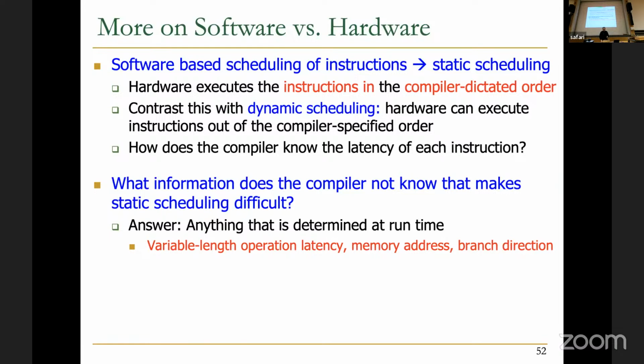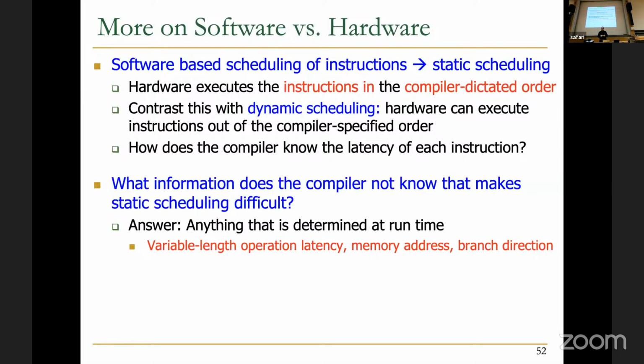And also we have memory addresses. Some of these are indirect addressing, so you need to calculate the effective memory address with the value stored in a register. The value of that register is not determined at compile time, so the compiler cannot say for sure that the memory address is going to be, for example, 100.